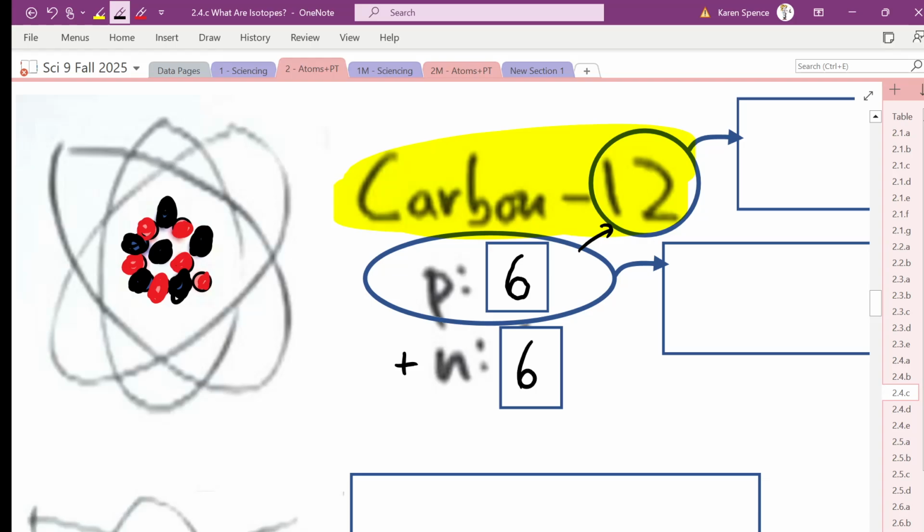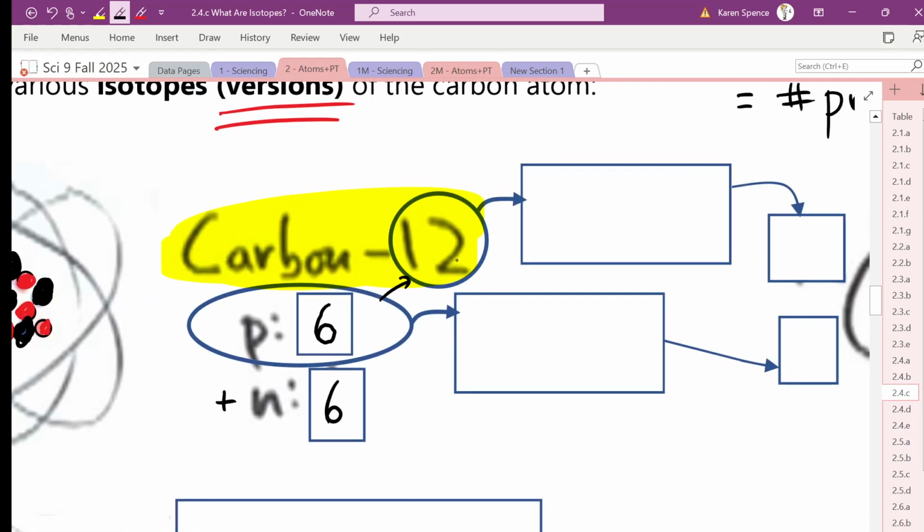That gives us this number here, this 12, is the protons plus the neutrons. And that is called the mass number.